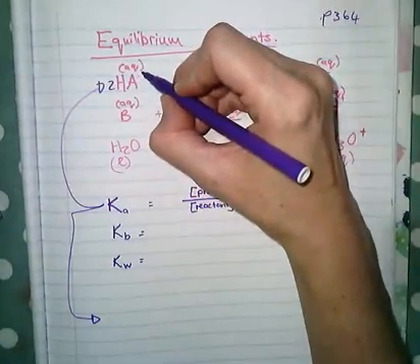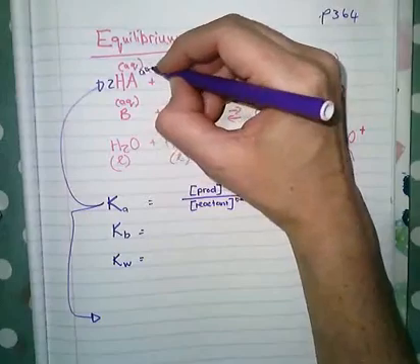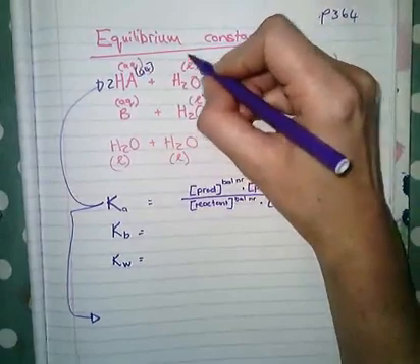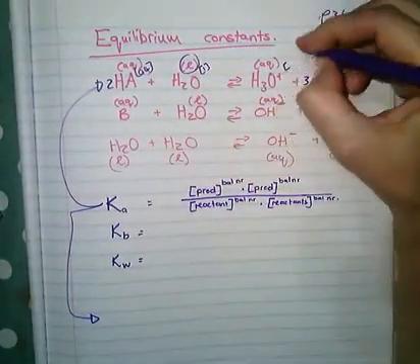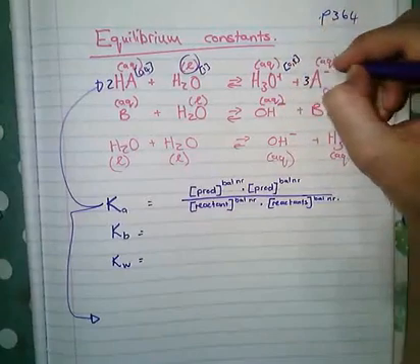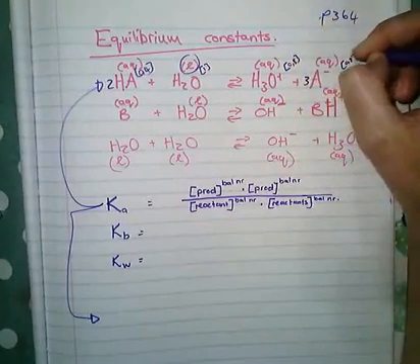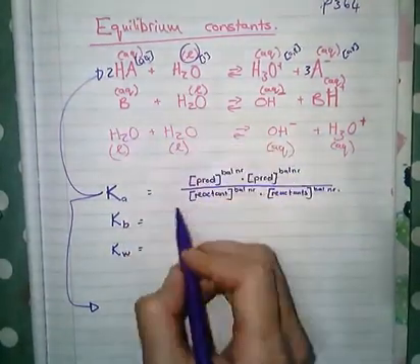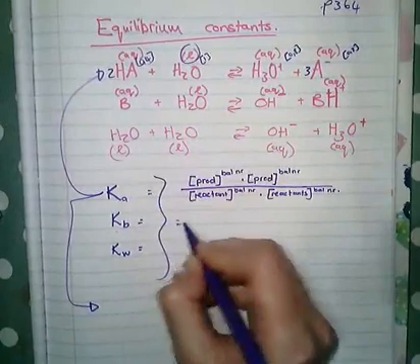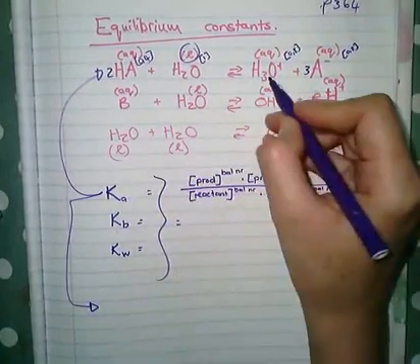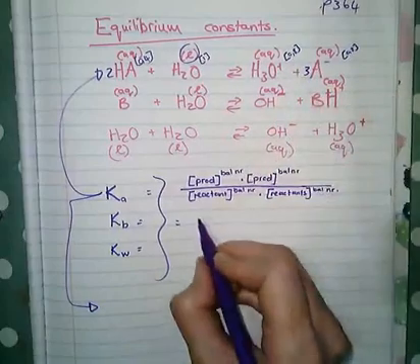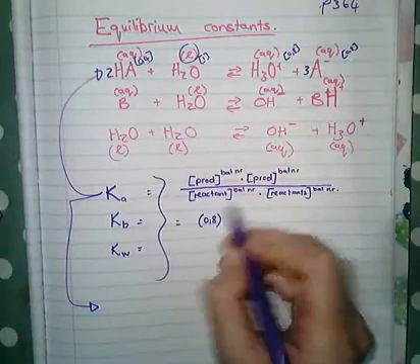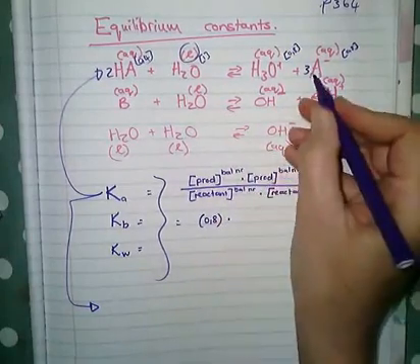So now what we would have here is, that product has a concentration of 0.8. Its balancing number is 1, so it's just to the power of 1. That product has a concentration of 0.2, it has a balancing number of 3, so it's to the power of 3, divided by this reactant, which has a concentration of 0.4, and it has a balancing number of 2, so it's to the power of 2.